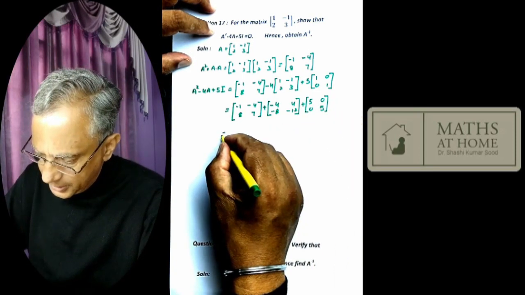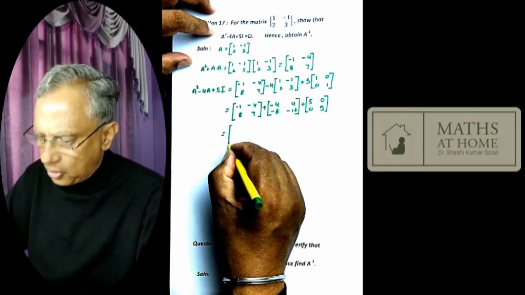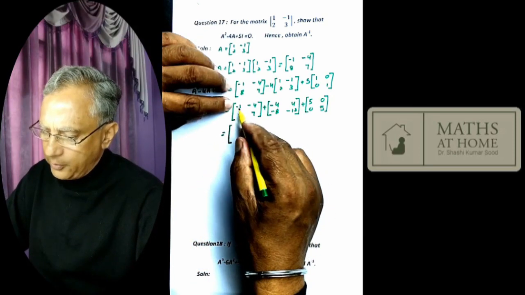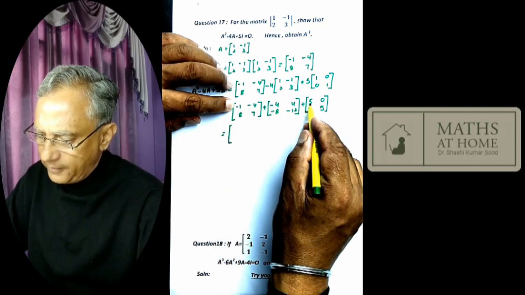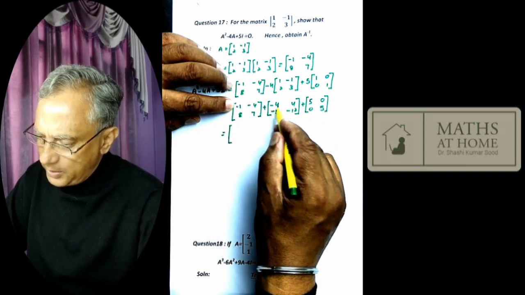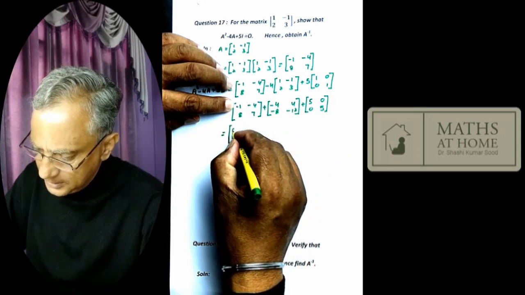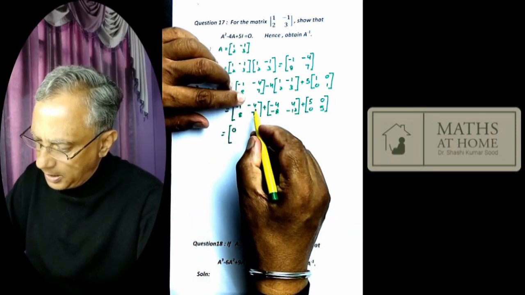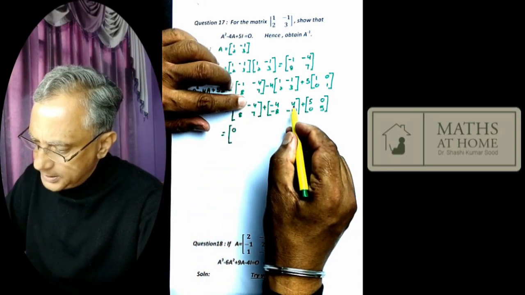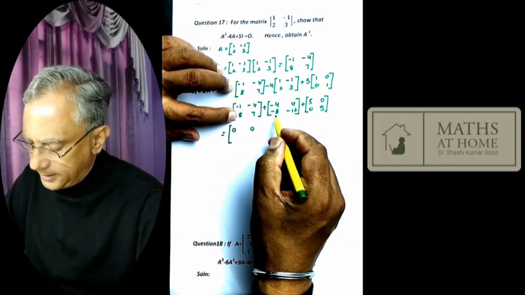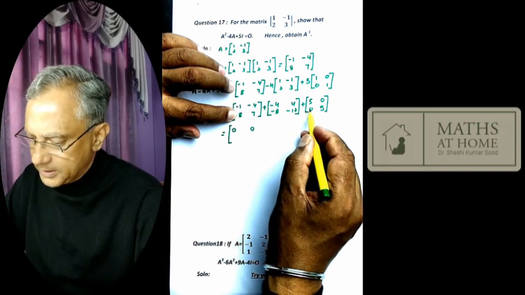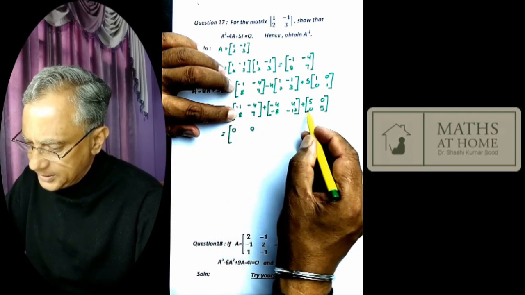Now addition is add the corresponding entries. What we get is minus 1, minus 4 plus 5, that is minus 5 plus 5 is 0. Minus 4 plus 4 is 0. 0 plus 0 is 0. Now add the entries at this place. Plus 8, minus 8, 0.